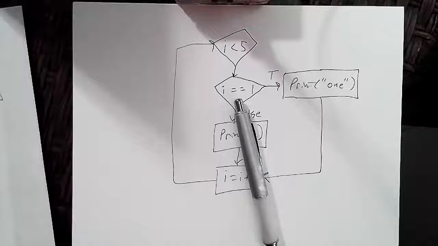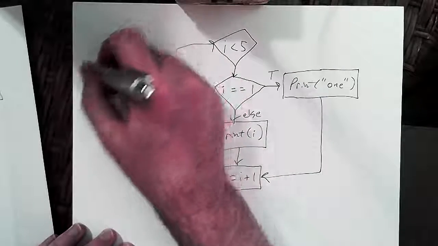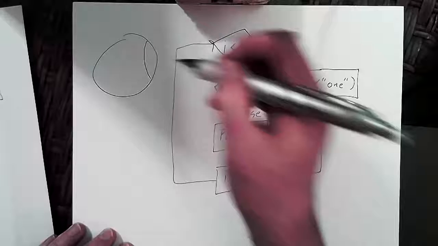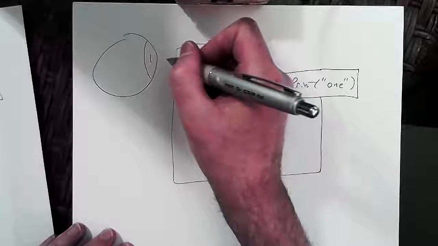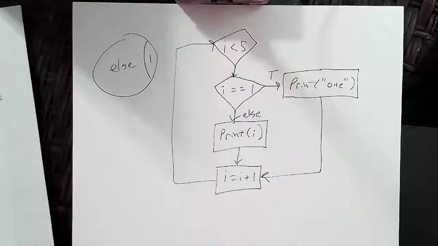Or else print I. Does that mean if I was something other than 1? It's any other case, yeah. So an if statement is a little bit like a Venn diagram kind of thing, where one possibility was for it to be 1. The else covers all the other possible values.